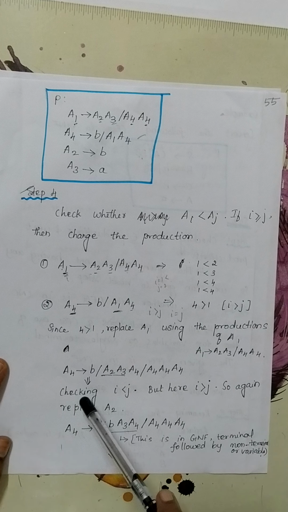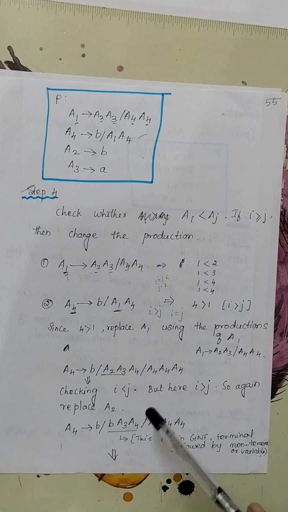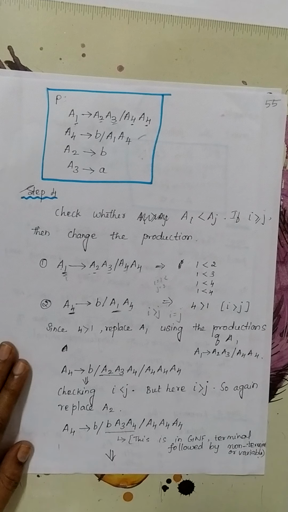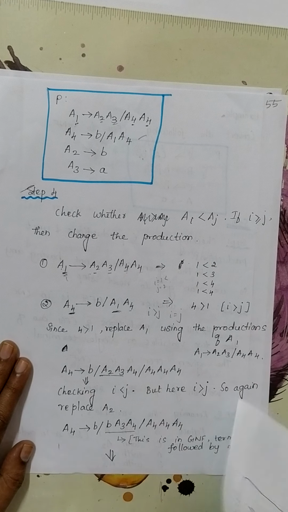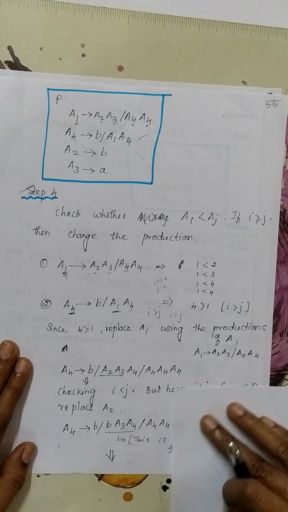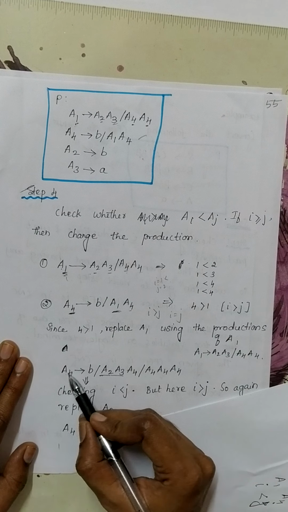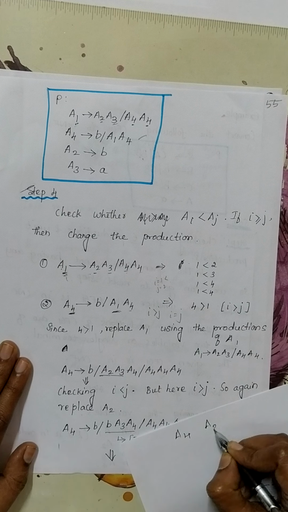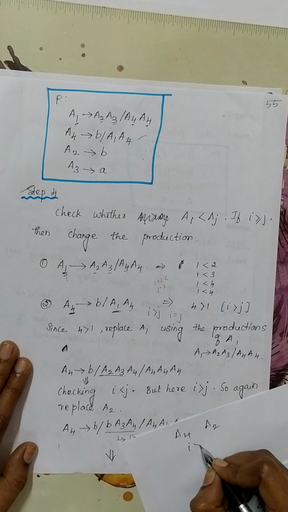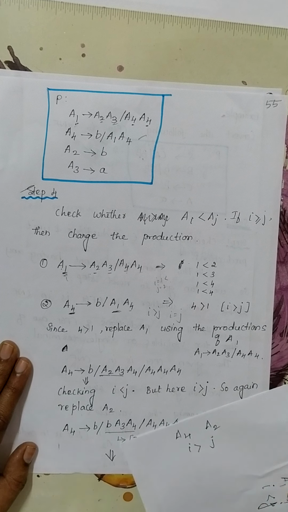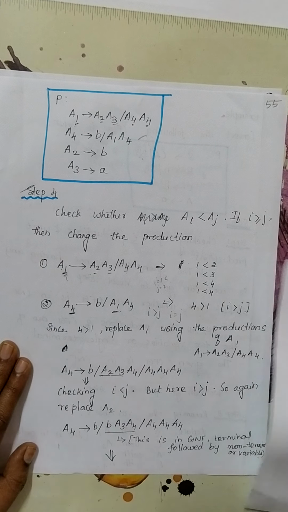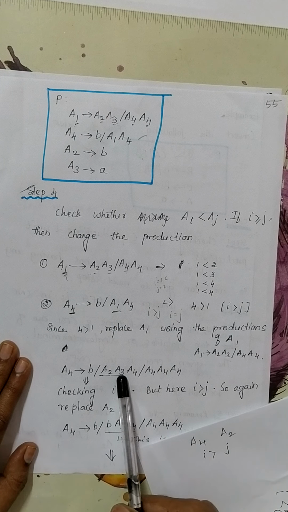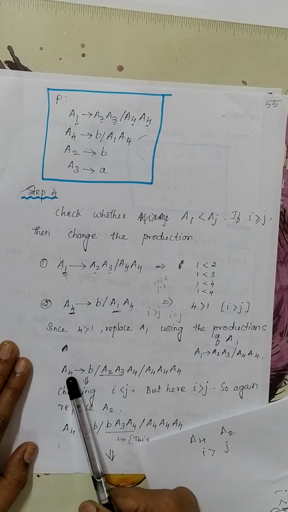Now we are going to check whether I is less than j, for this one also. While comparing A4, A2, here I is greater than j, and this one also I is greater than j, and here I is equal to j.